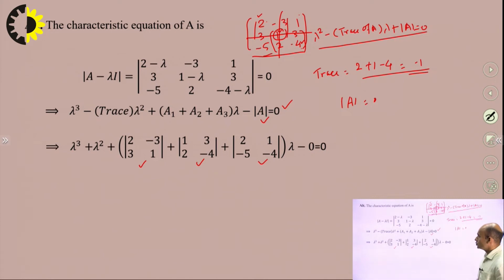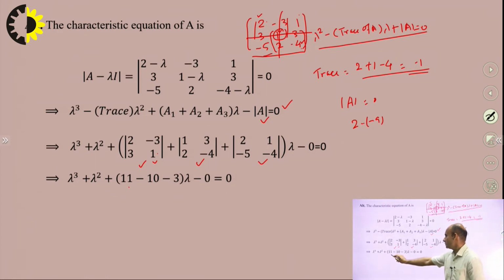So the values of these minors we can find. The first minor will be 2 into 1, that is 2, minus 9. So the first entry is actually 11. And second we have minus 4 minus 6, which is minus 10.